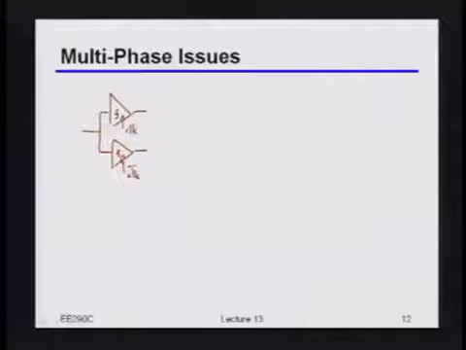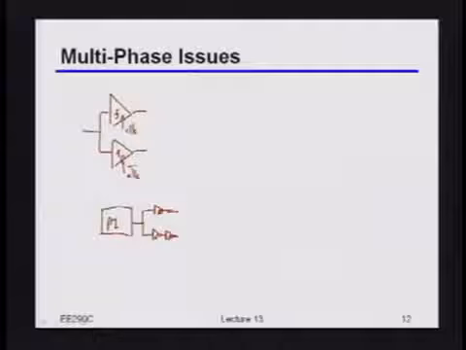But maybe that's not so bad, because you could take your phase interpolator, do some sort of phase splitting, and get both clock and clock bar with the same phase relative to the reference clock. So that seems reasonable. Let's call this the full rate design.